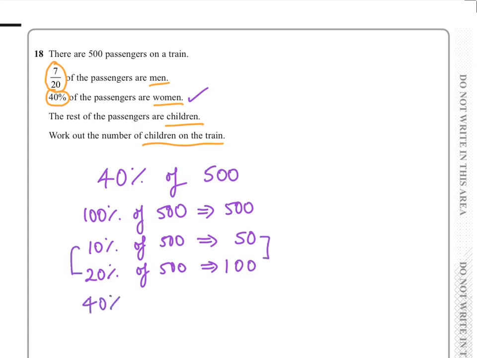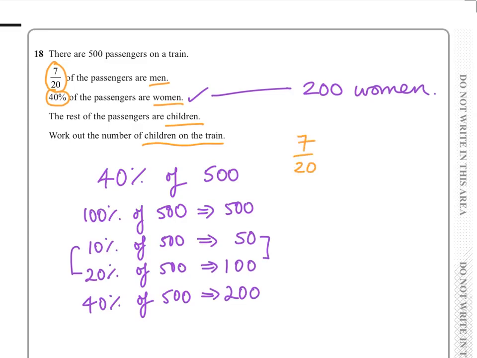And that would mean that 40% of 500 would be double this again, which is 200. So there's 200, nearly made a mistake there, there's 200 women. Now, let's do 7/20ths of 500.